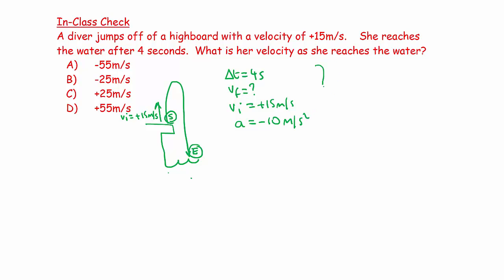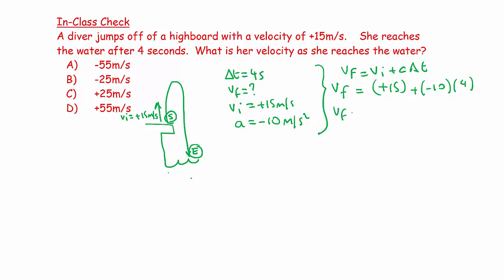So then I look at these and I go, VF equals VI plus A delta T. So VF, what I want, is equal to VI, which is plus 15, plus A, which is minus 10, times delta T, which is 4.